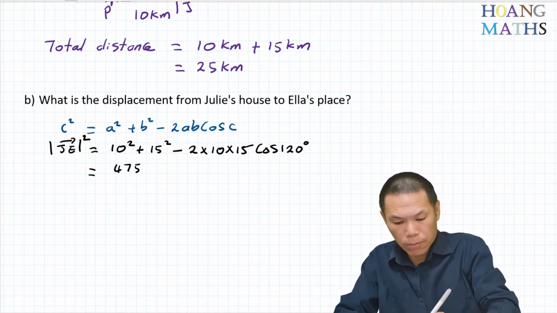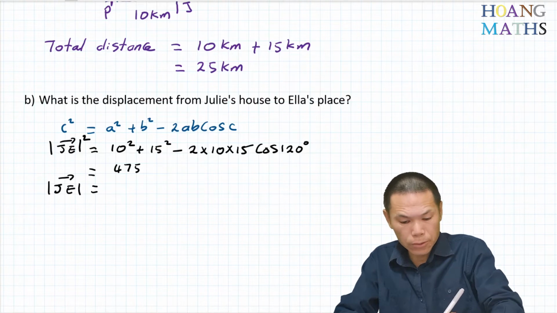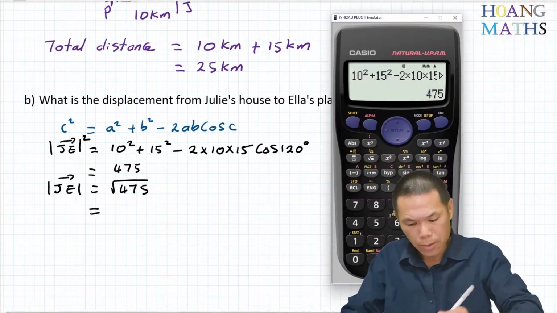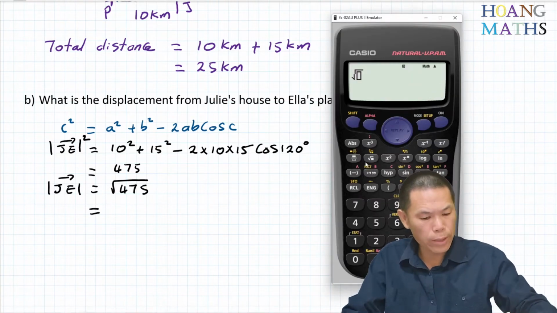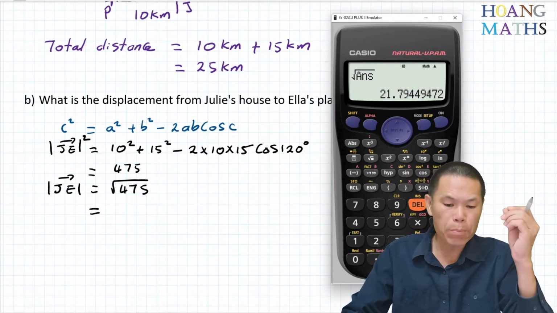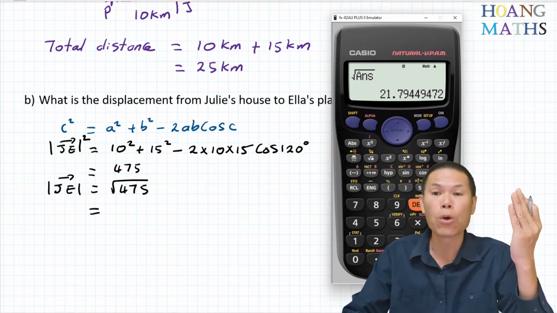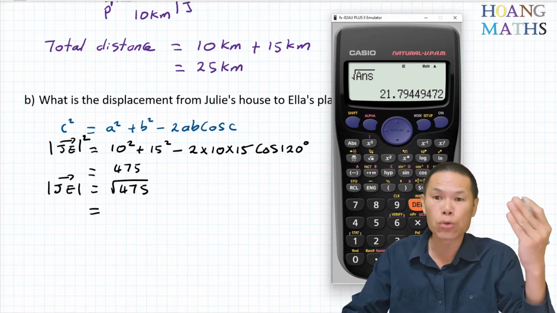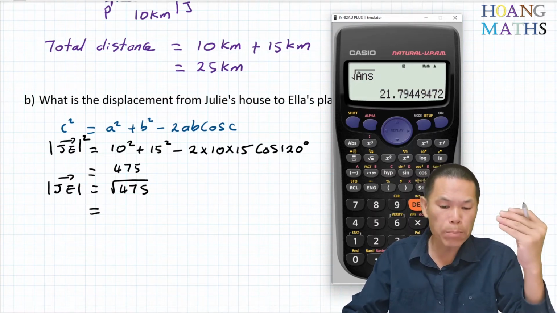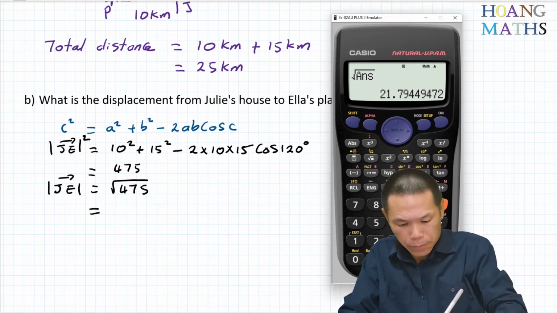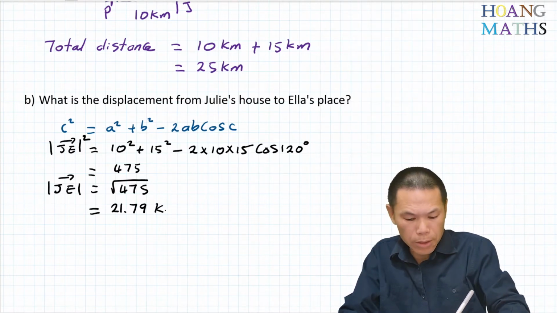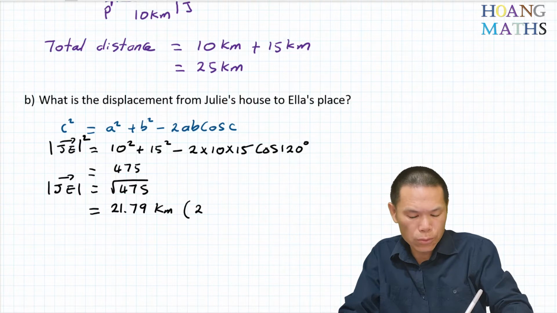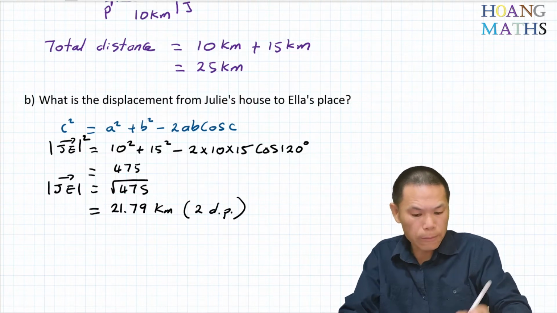But then the magnitude of JE is equal to the square root of 475. So I just go square root, answer. So there you go, 21.79449 and so on. Because the question didn't specify how many decimal places, we just round to 2 decimal places, okay? So 21.79 kilometers.